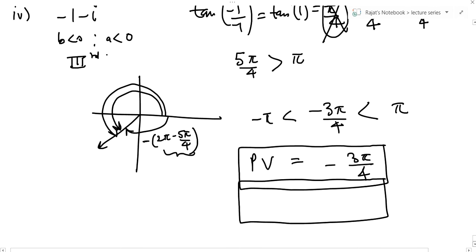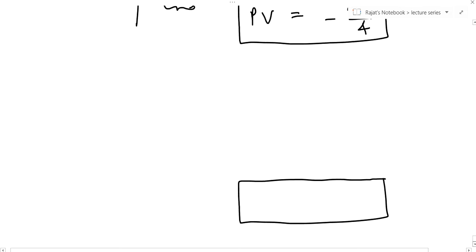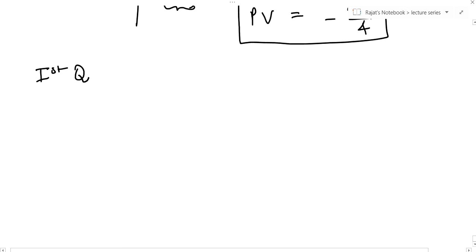Okay, so this is the basic idea. Let me give you the general expression for finding the correct answer. Suppose the point lies in the first quadrant, then the principal value is tan inverse of mod b upon a.